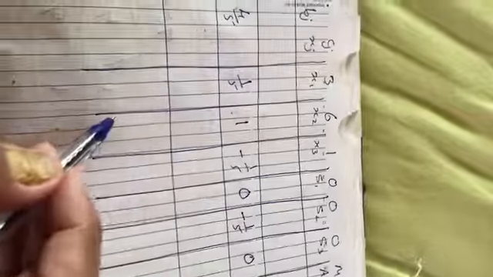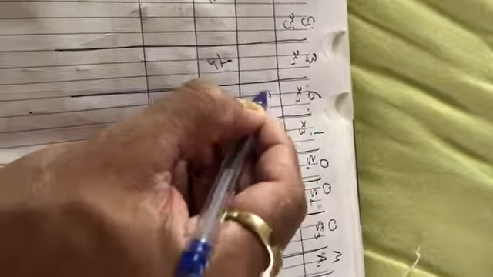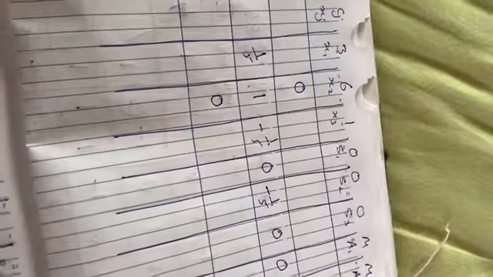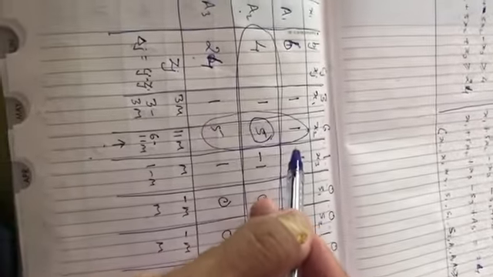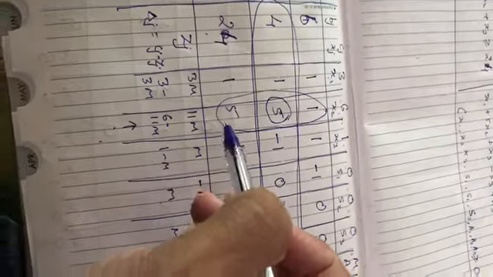X2 was our key column. So that means these two elements need to be made zero. So how we do it? Now you see this element over here is 1 in row 1 and this element over here is 5. So there will be two formulas. What is that formula? New row 1 is equal to old row 1 minus new row 2. Why minus new?